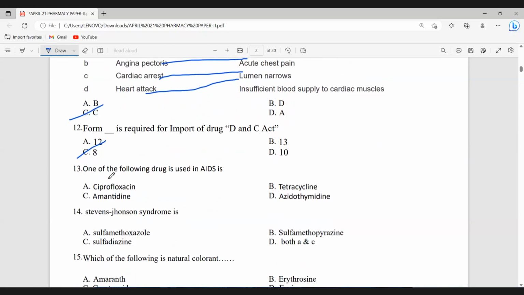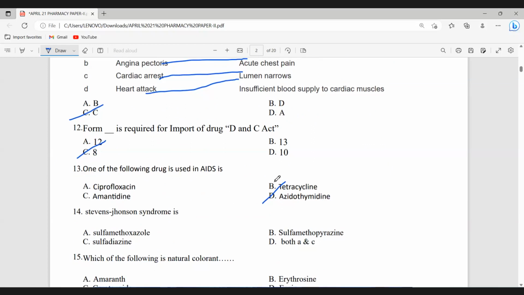Then the 13th question. One of the following drugs is used in AIDS. It is a direct question, that is azithromycin. But note one point about each drug.